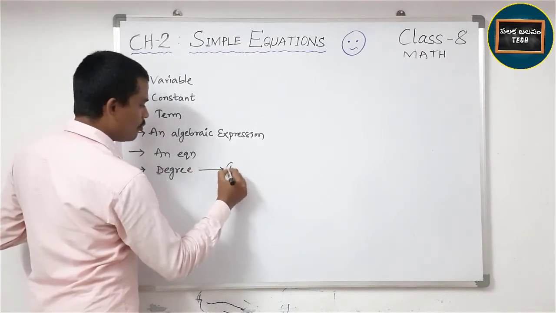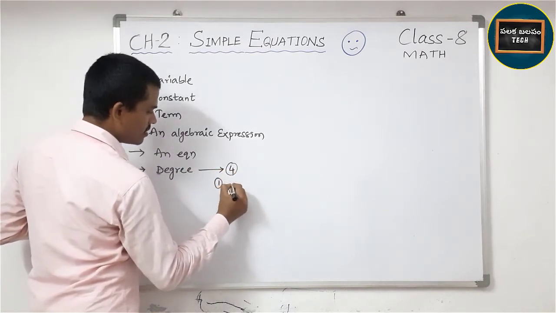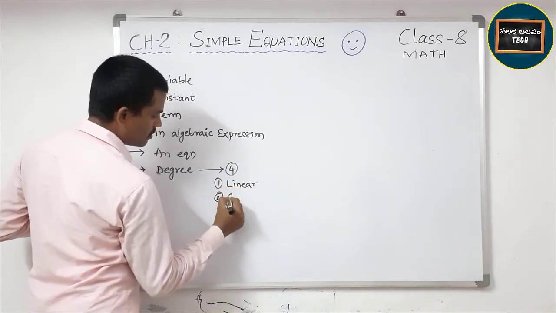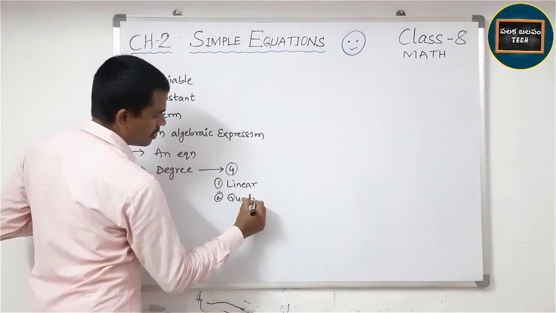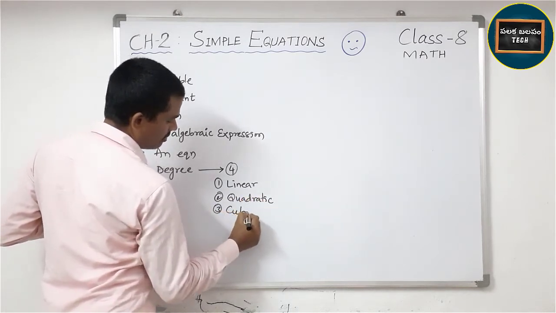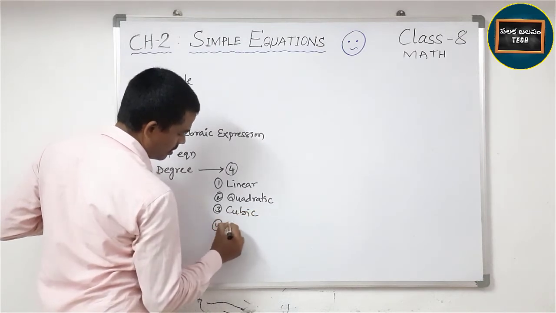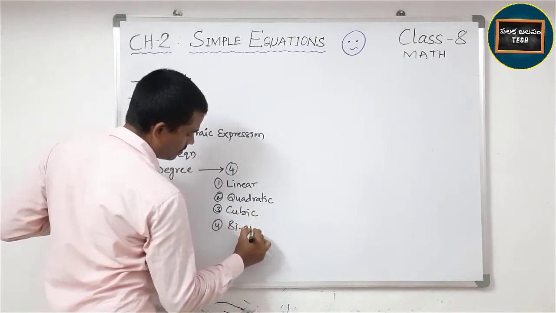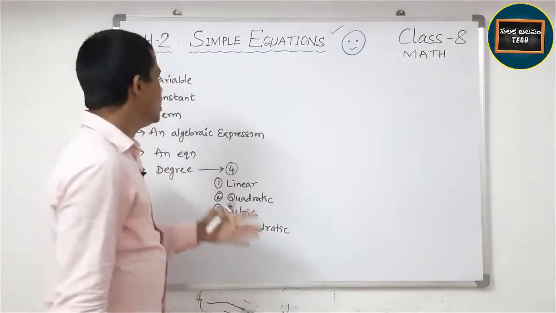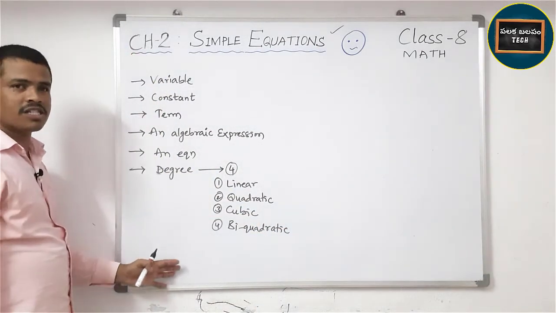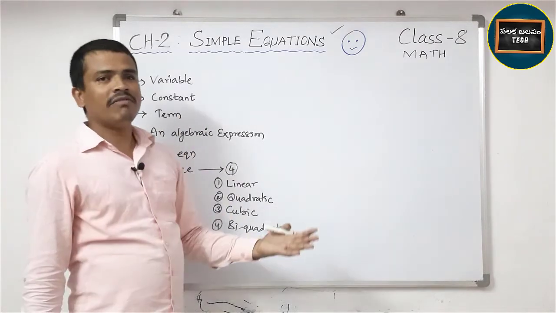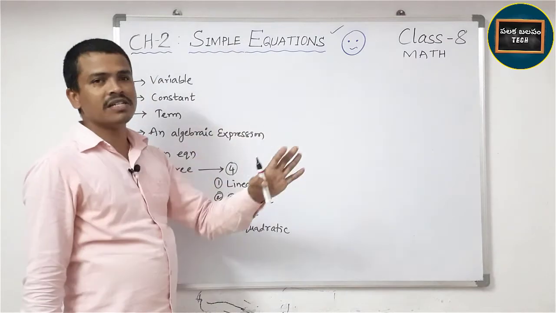There are 4 types. The first one is linear equation, quadratic equation, cubic equation, and biquadratic equation. This is the total introduction part about simple equations, and which type of equations are called simple equations I am going to explain now.